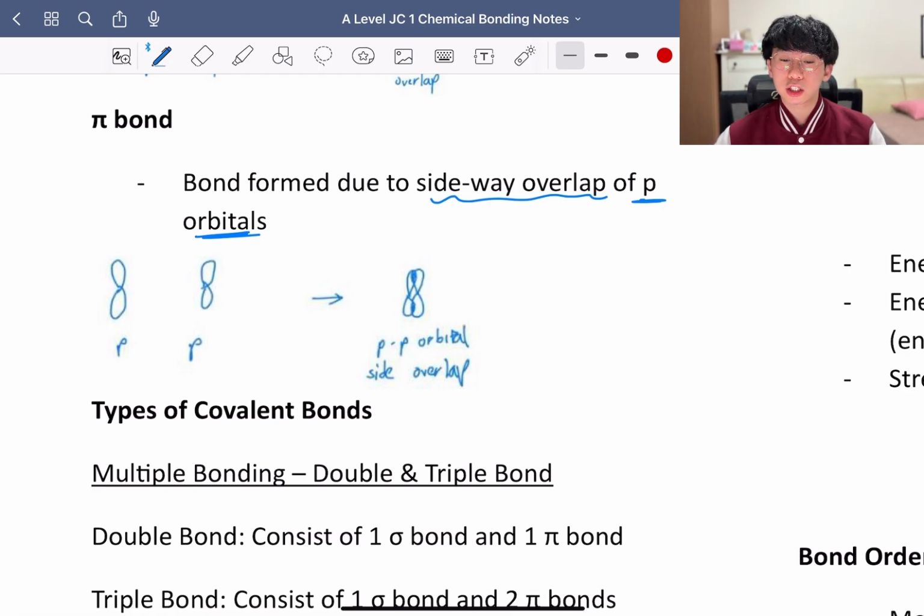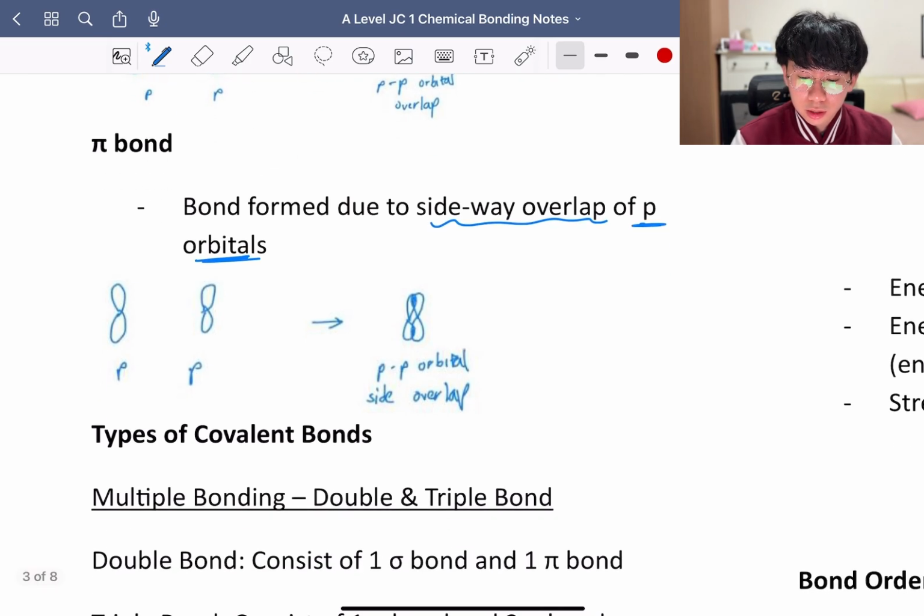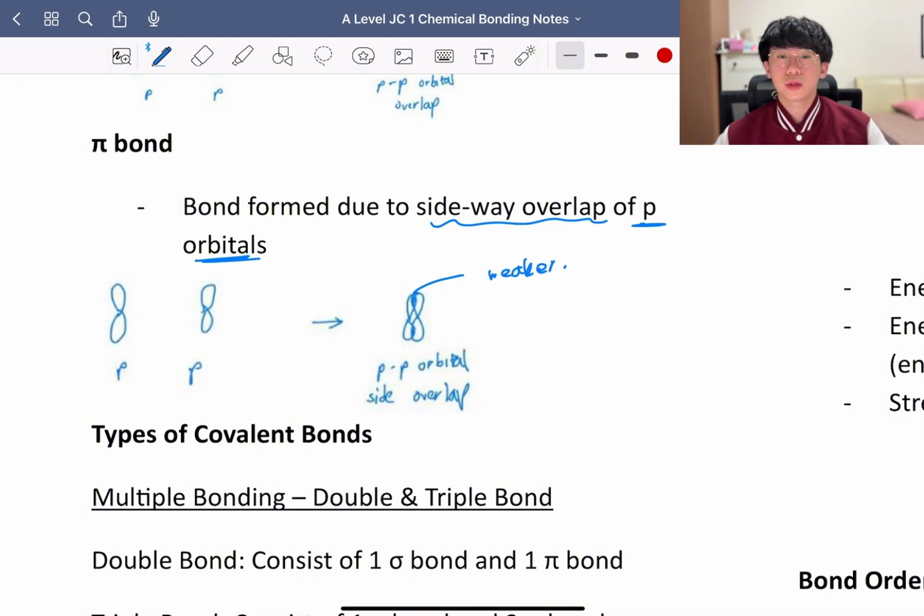And one thing to take note is that the head-on overlap generally has more area of coverage versus the side-on overlap. So this side-on overlap tends to be weaker than a head-on overlap, aka a sigma bond.